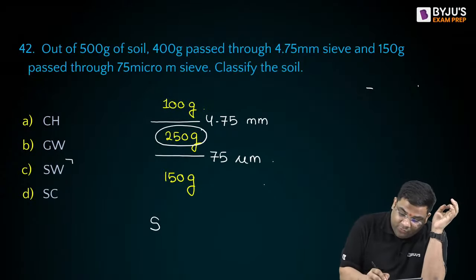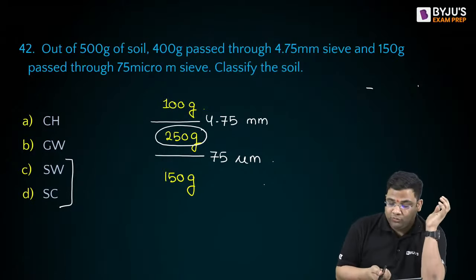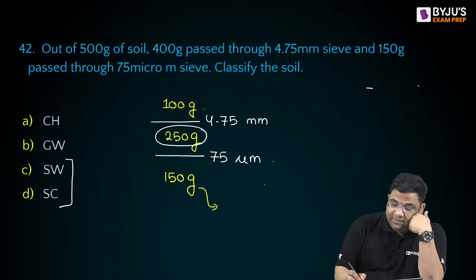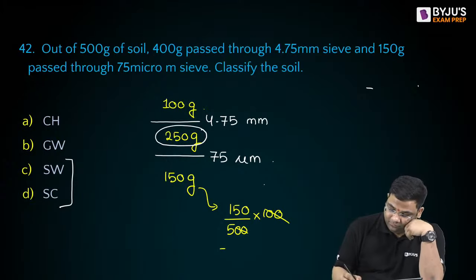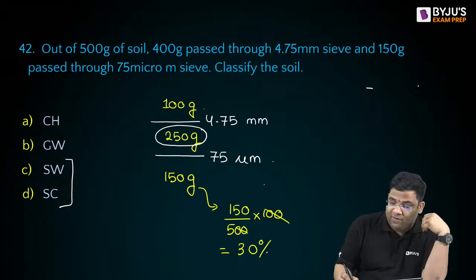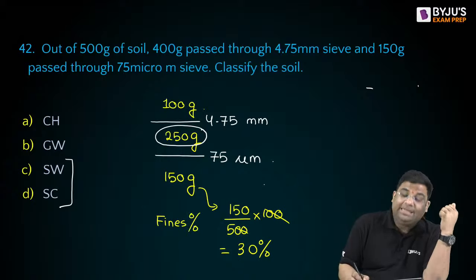So in sand we have two options, well graded or clay. Now how to choose? You see, this is the fine grained, right? Now what is the percentage of fine grained? It is coming to 30%, right? Fines percentage is 30%.